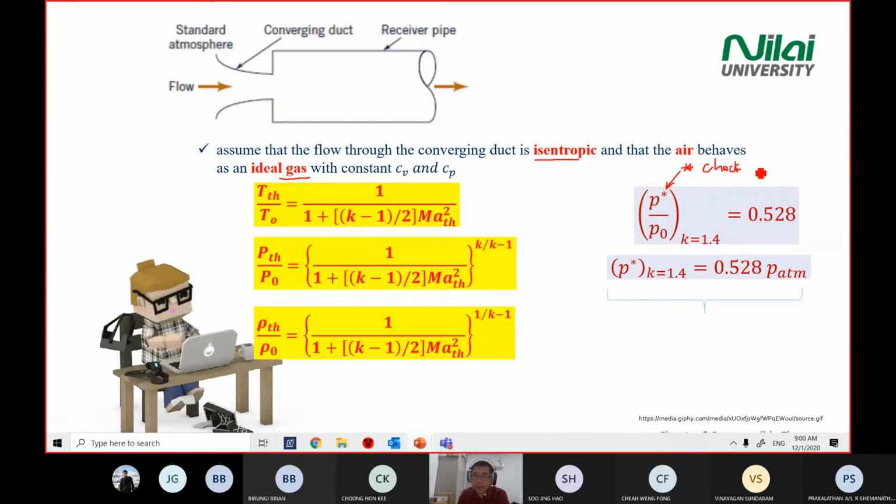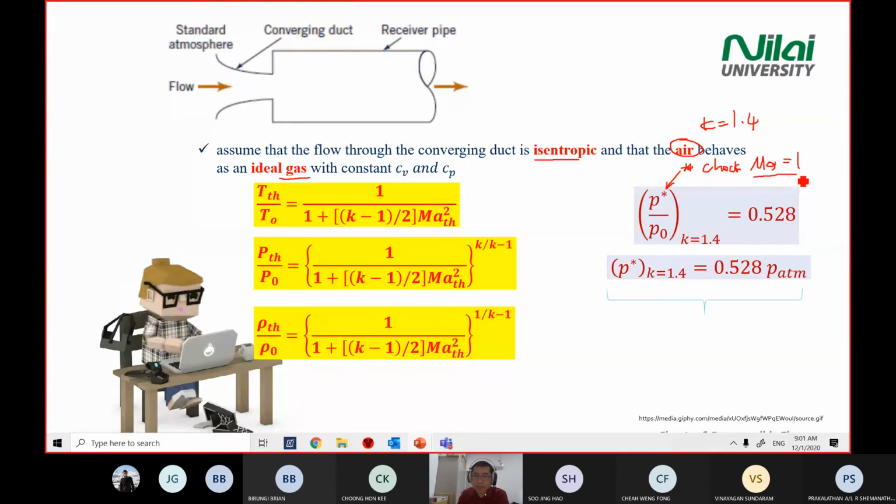And when you have a star, it means that your Mach number inside all these equations equals 1. And because we are using air, your K value in table 1.8 is 1.4. You substitute Mach number 1, K 1.4 in all these three equations.